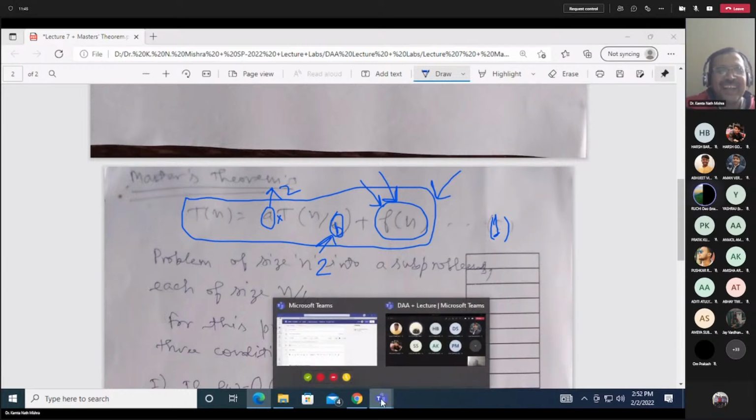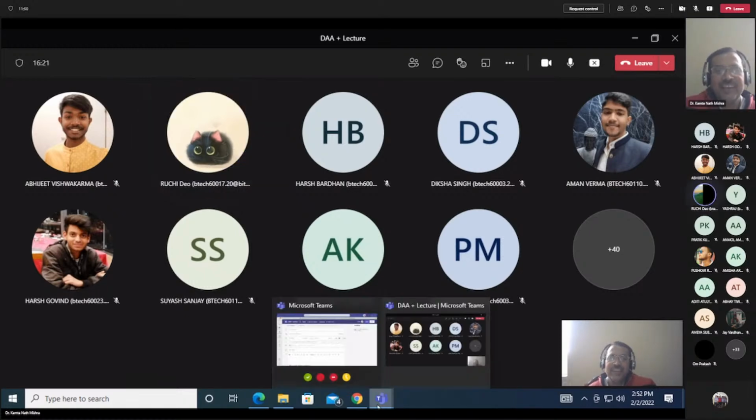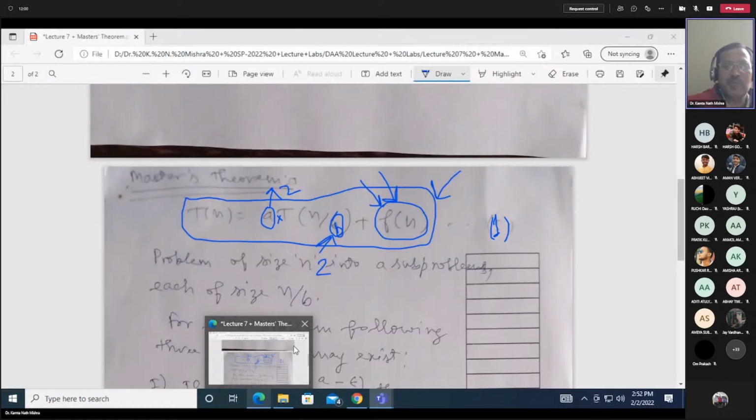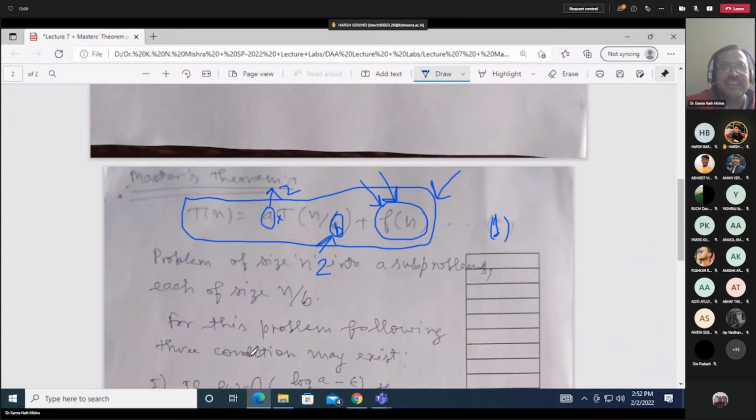Harshvardhan ji, you tell me. T(n) equals 2T(n by 2) plus cn. It's a very tough question that I am asking you, 1 lakh rupees. So what is a here? What is b here? What is f(n) here?